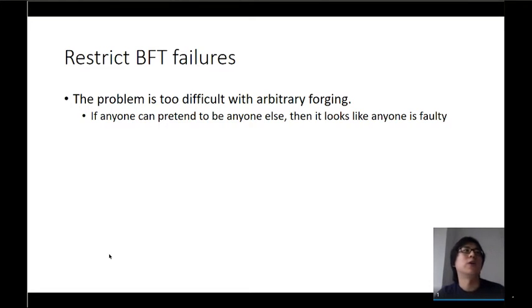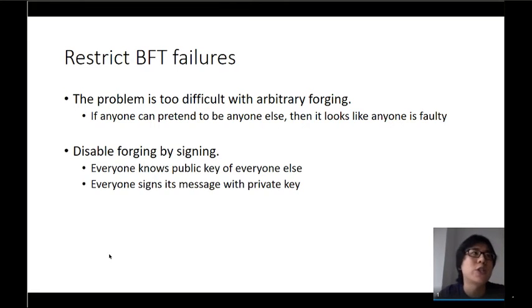Which means that even with one malicious server in the system, it can broadcast messages pretending everyone else is malicious. So then this problem will be too difficult to solve. So we need to restrict the failure model a little bit.